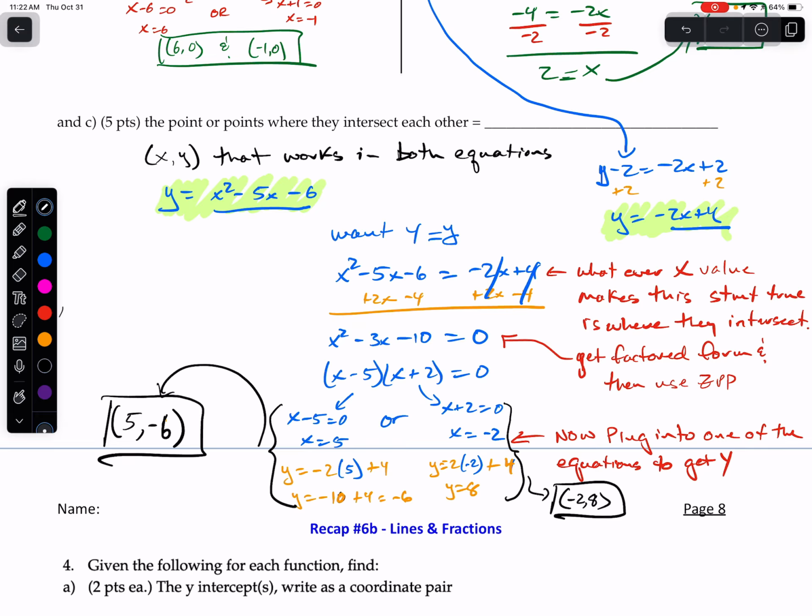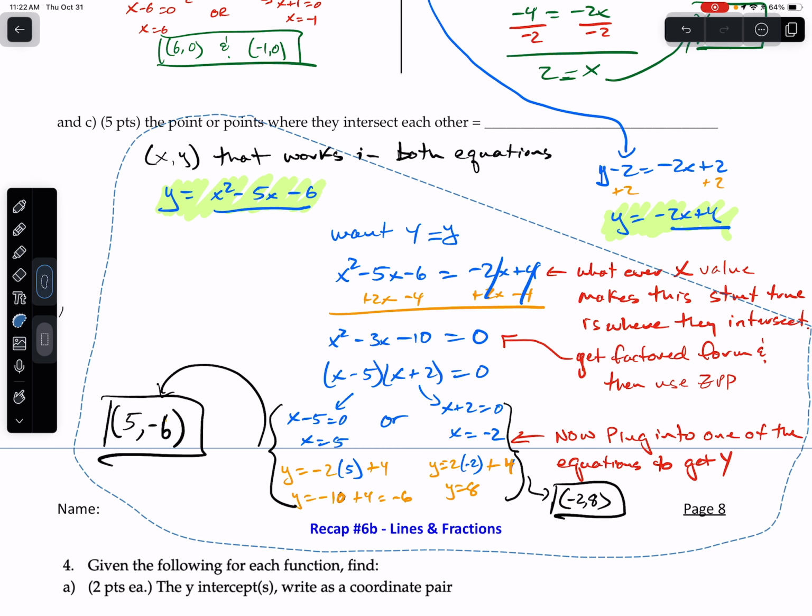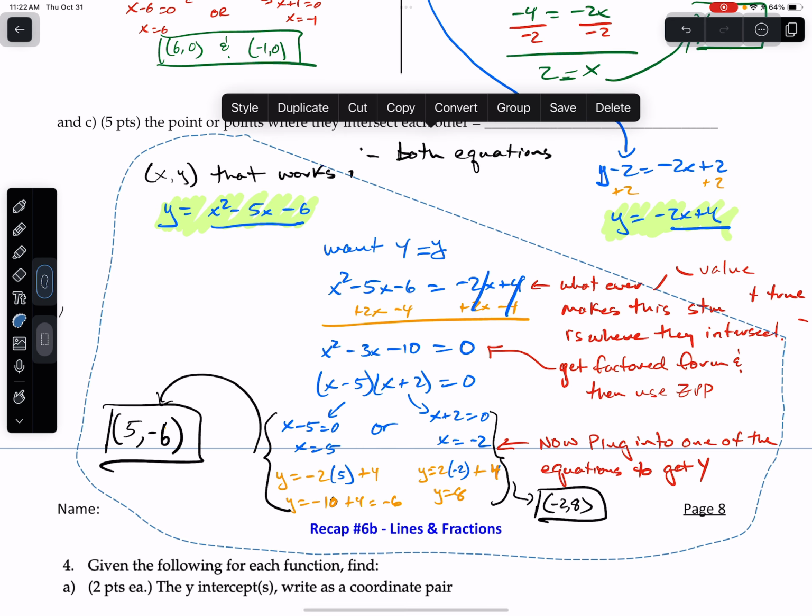I might see if I can shrink this down a little bit. Let's be patient here with me, folks. No. Undo.